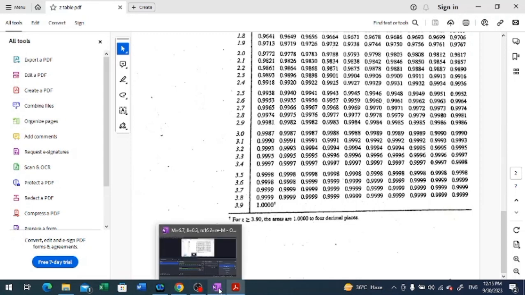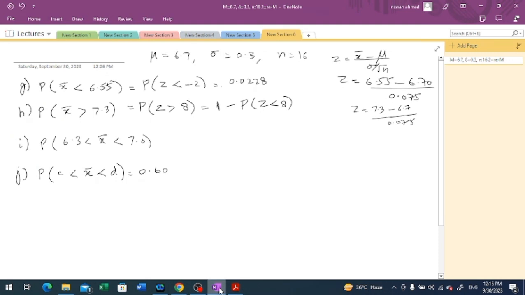So it does indicate that the entire curve is accumulated till the 3.9 value. The 3.9 value of z is located on the extreme part of the curve, the positive part, in fact.